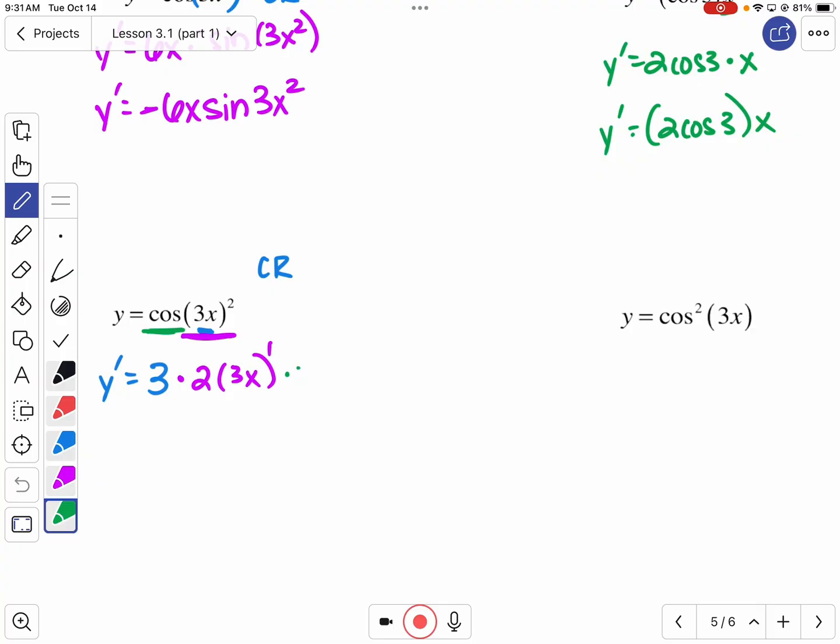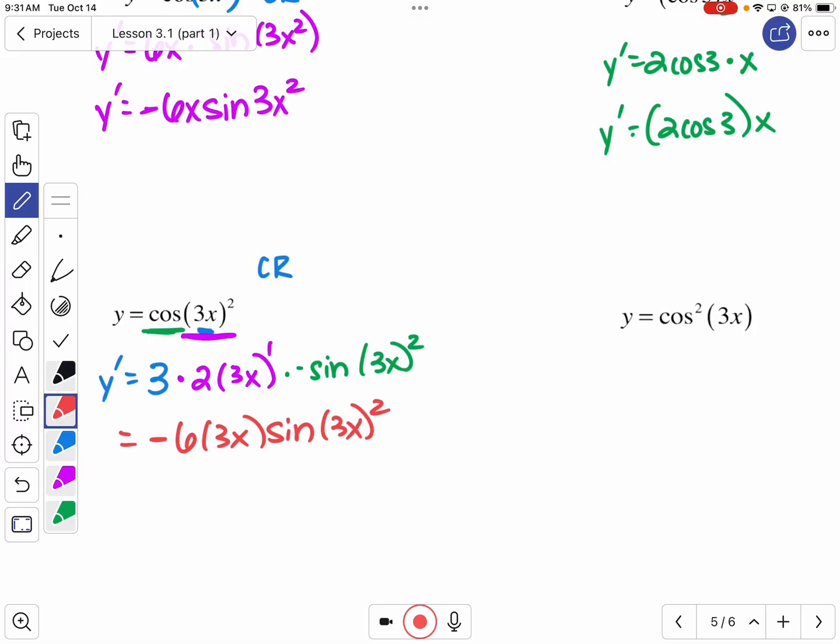Cosine, which would be negative sine, keep all the other stuff. Putting together things that we can, negative 1, 3, and 2 would be negative 6. 3x is to the first, so we could combine that as well. And then sine of 3x, the whole thing squared, or negative 18x sine of 3x squared.